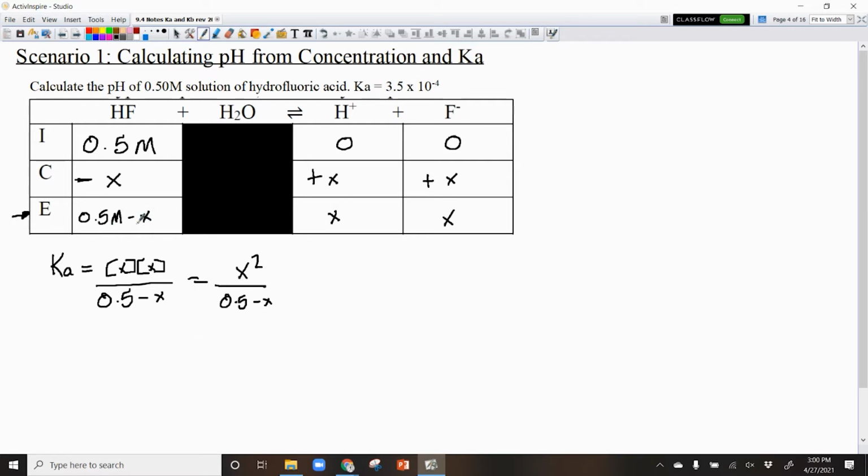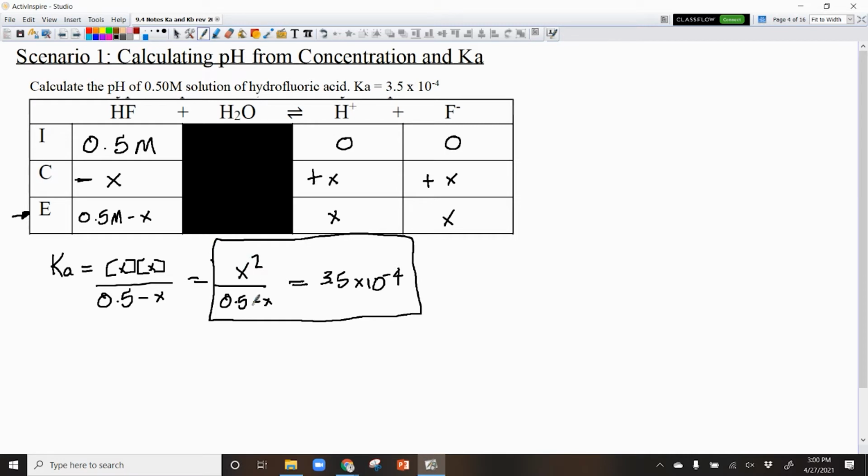And because that's such a small number, it's not going to affect this number right here significant digit-wise. So we're going to have to make an assumption here to make this math easier. Let me go ahead and finish writing this out. In order to make this math easy, because here is really your math equation where we're going to solve for X.